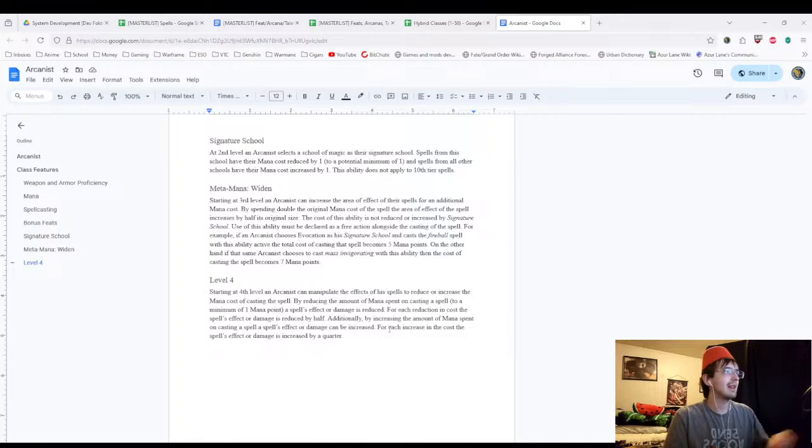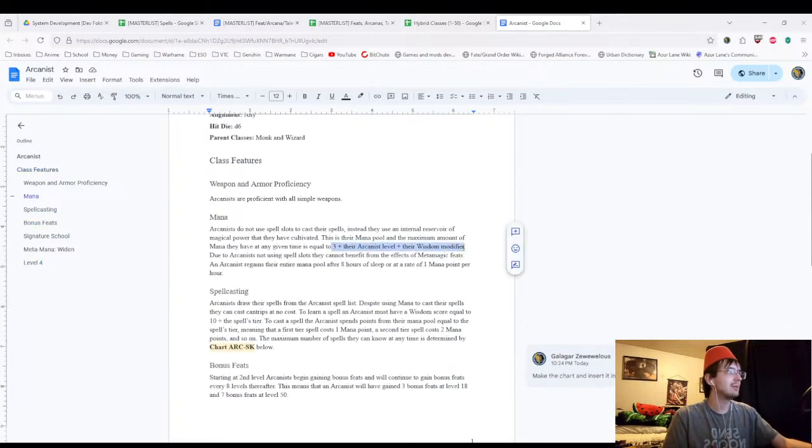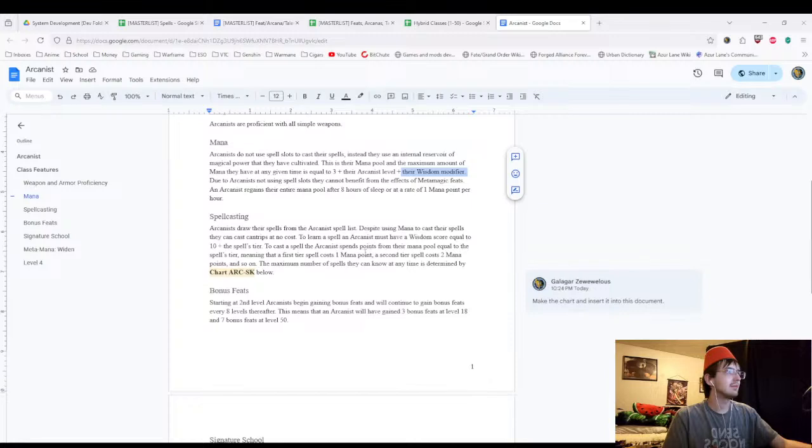And again, after I get some data, the starting mana might need to be keyed to different values. 3 starting off might be too much. Maybe the whole Arcanist level is too much, because the wisdom modifier is probably going to stay the same.